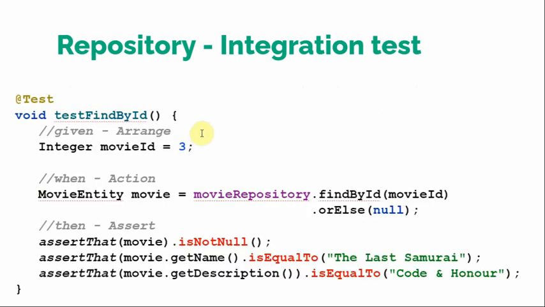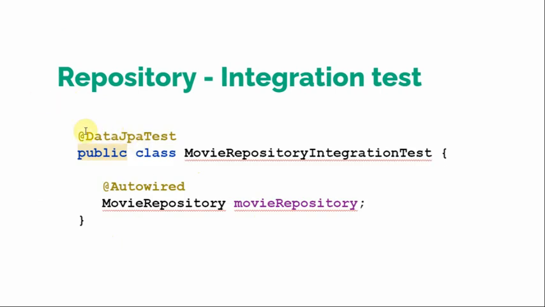So if we write the actual test, first we arrange the values, or initialize that we have a movie ID 3, and then we have the repository which will try to find this movie, and then we have to perform certain assertions. So how will it be able to find movie ID 3? Because of the context, because we are setting up the context here with @DataJpaTest.